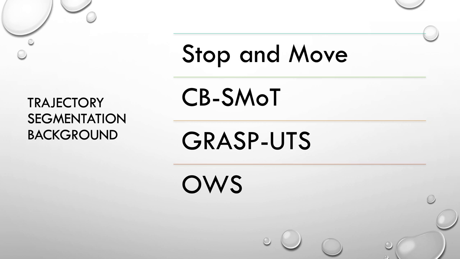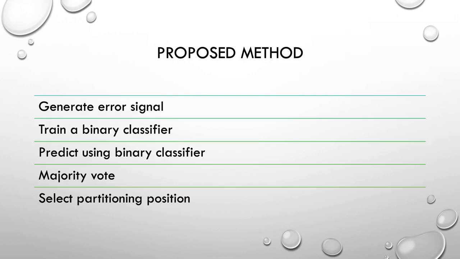OWS is a recent approach based on utilizing a sliding window that uses an interpolation technique as its core to generate an error signal. This error signal is a proxy to indicate behavioral changes of the moving object.